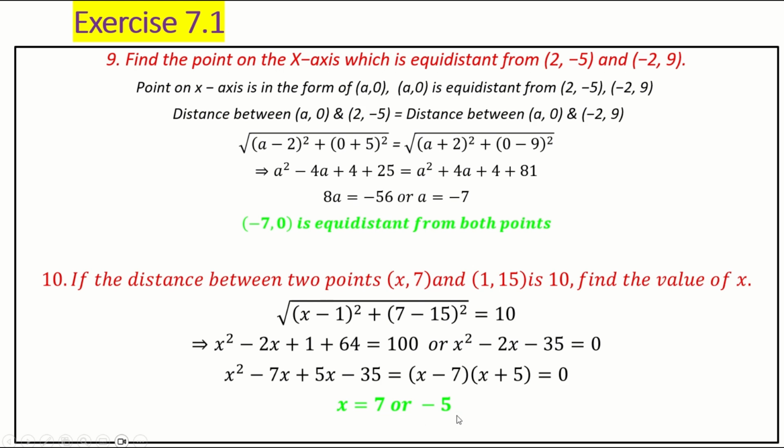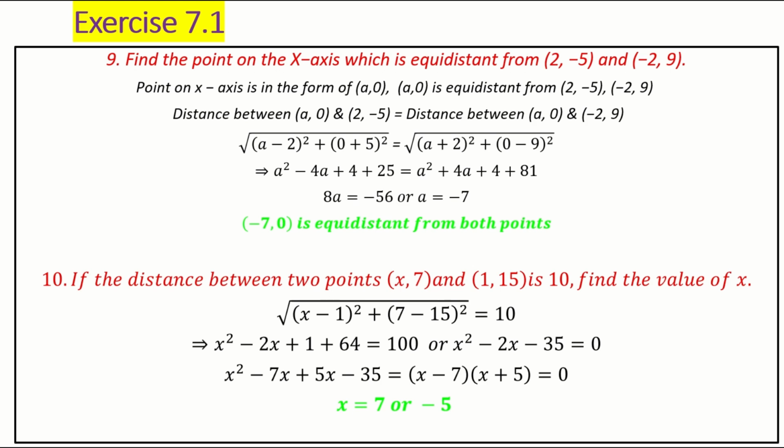Okay, there are two values. What is the meaning of this one? Okay, 7 or minus 5. So from this point, if the y coordinate is the same, either it will form (7, 7) or (minus 5, 7). These are the 2 points. That means the y coordinate is the same, which means it's parallel to the x-axis.